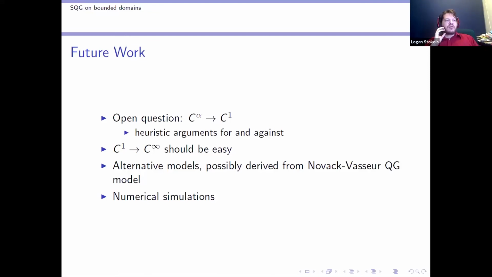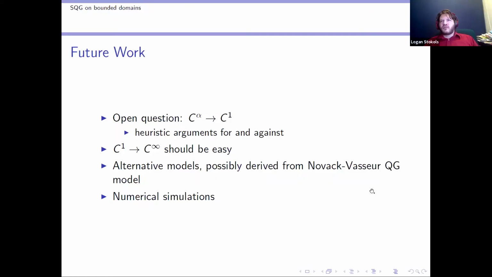I'm not yet sure whether this is true. This is an open question that I'm very interested in. I know Constantin was looking at it for a bit. So this is a cool thing. People should think about this.